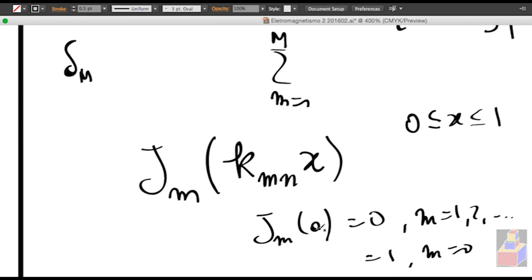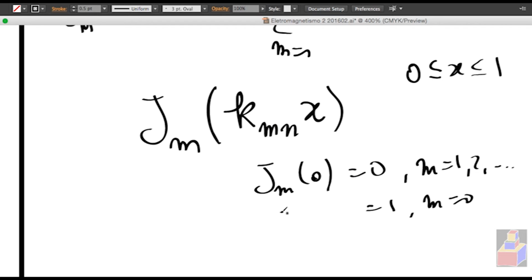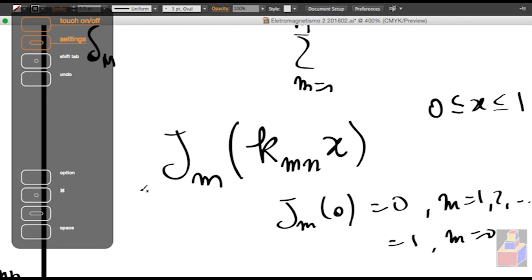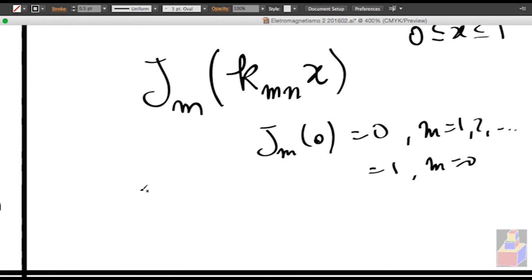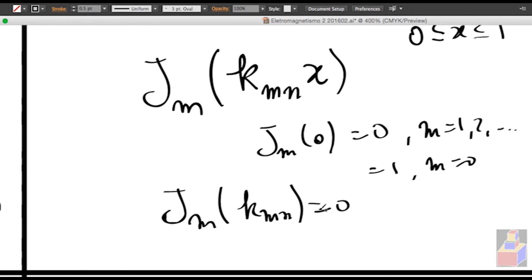So J_m(0) equals 1 only for m equals 0, for J0. And if you put x equals 1 in J_m, by definition, this is a root, so this is going to be 0.